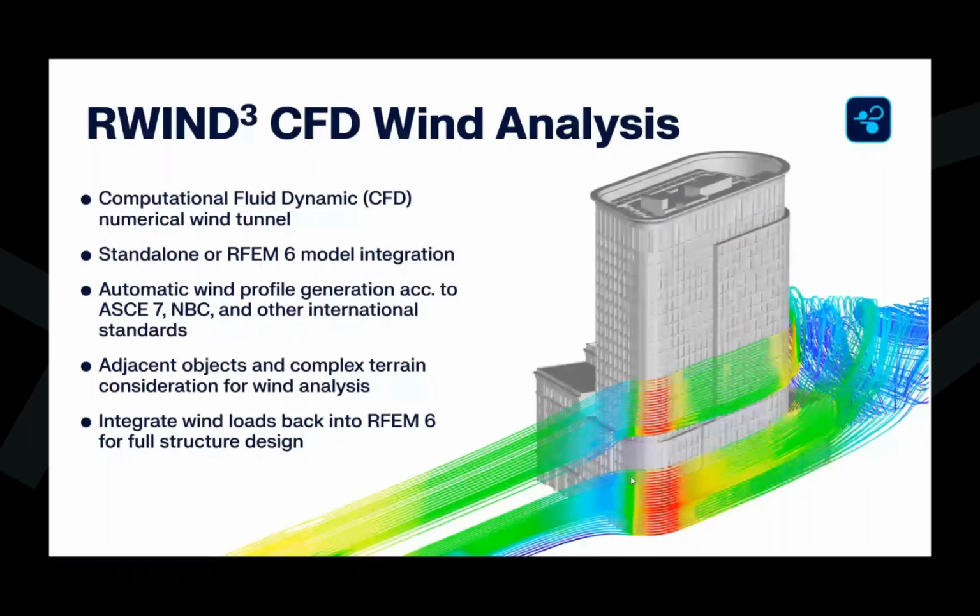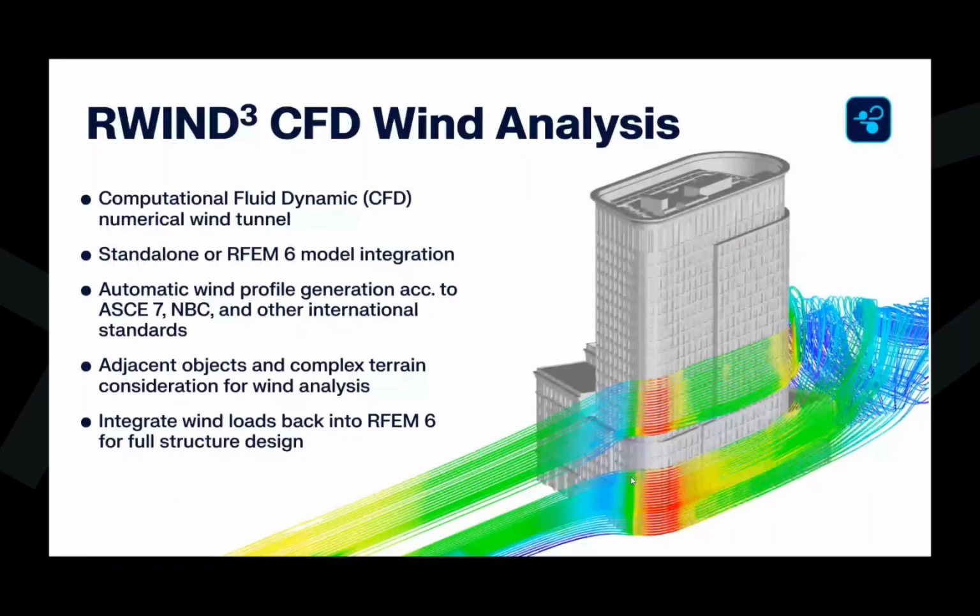So when you are integrating with RFEM 6, we also have the ability here to automatically generate the wind profile according to the codes such as the ASCE 7 and MBC. And this is not to be confused. CFD is entirely code independent. But what I mean by this is the wind velocity entering into the wind tunnel can be generated according to these codes, taking into account some of the different coefficients.